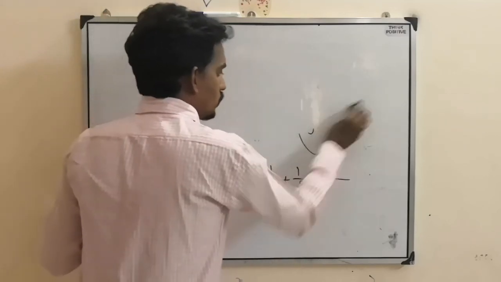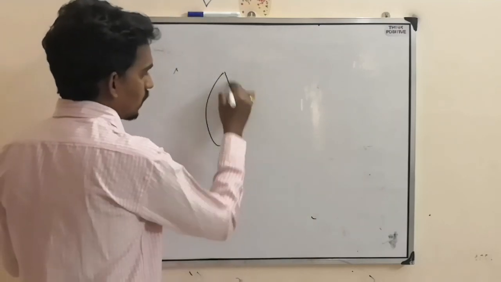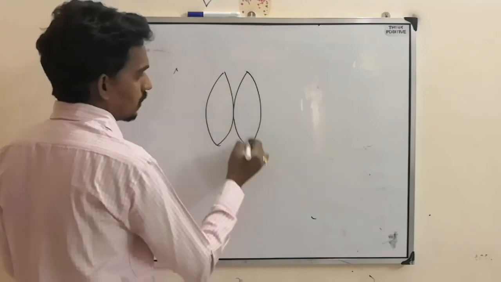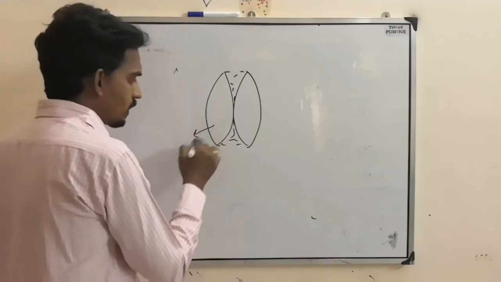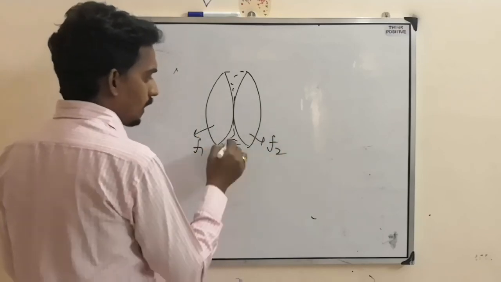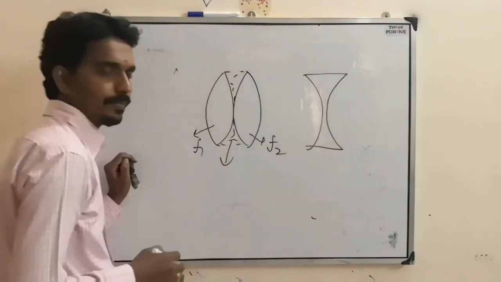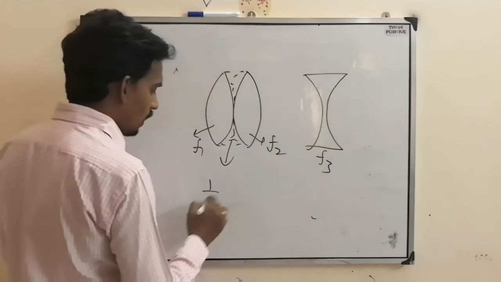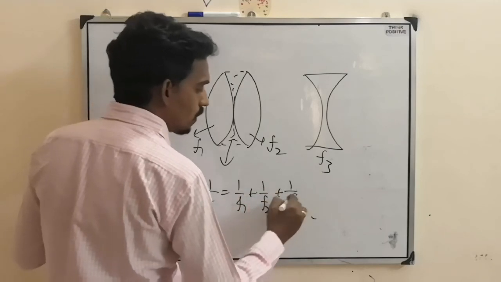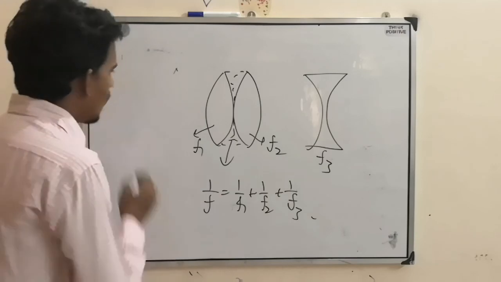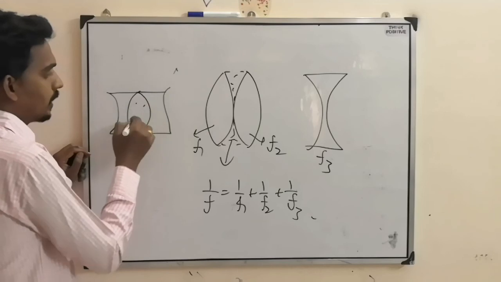But here I will show you something. Usually they will ask: you take one convex lens, another convex lens, and they will tell you this is filled with some medium. So now this is F1, this is F2, and this one is now a concave lens, F3. Then 1 by F will become 1 by F1 plus 1 by F2 plus 1 by F3. Or between two concave lenses also they can fill some medium.